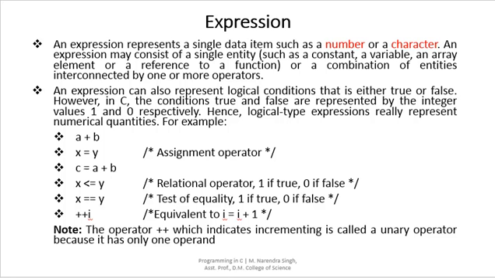Here we are comparing whether the two data items x and y are equal or not. Remember, a single equal sign represents the assignment operator while a double equal sign represents the equality operator. The value of the expression x == y will be 1 if x and y are equal and 0 if x and y are not equal.